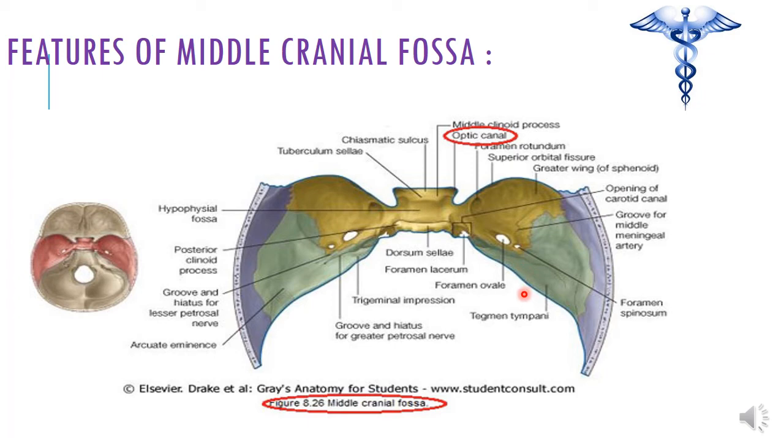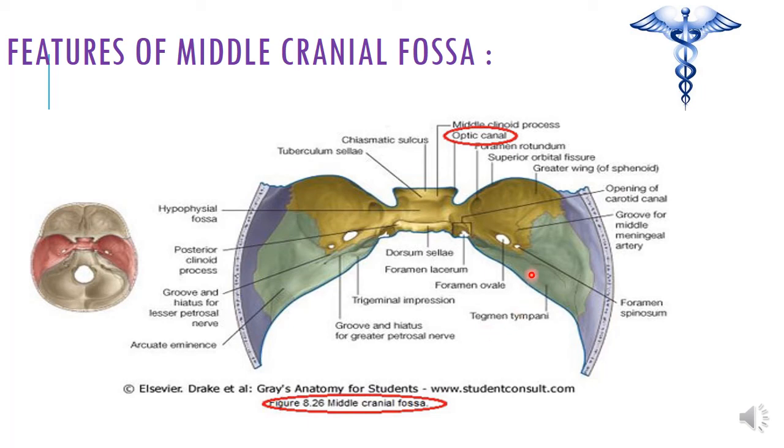Okay, now coming to the tegmen tympani. This is a flat bone, and this is a major barrier that prevents infection from the tympanic cavity from spreading to the temporal lobe. How? Because tegmen tympani forms the roof of the tympanic cavity, right?